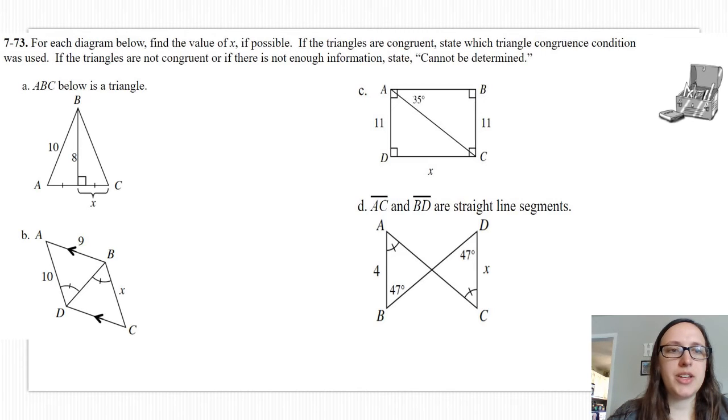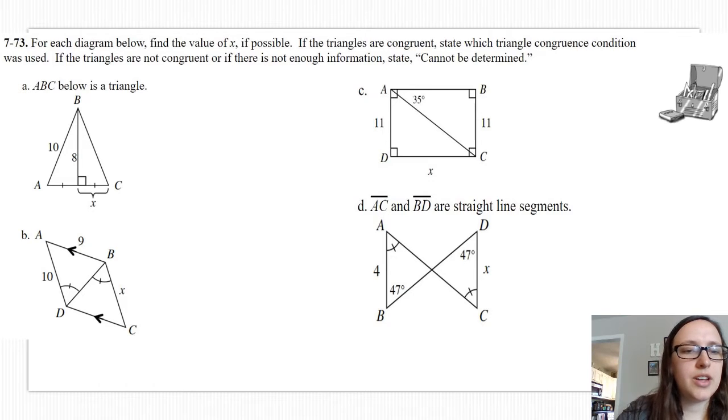All right, so in number 73, we're going to take a break from writing our proofs and find the value of x based on if the triangles are congruent or not. All right, so in part A, the triangles do look congruent, and we know this because this side, 8, is equal on both, and if this is a straight line and that angle is 90 degrees, the other angle should also be 90 degrees. 90 plus 90 is 180.